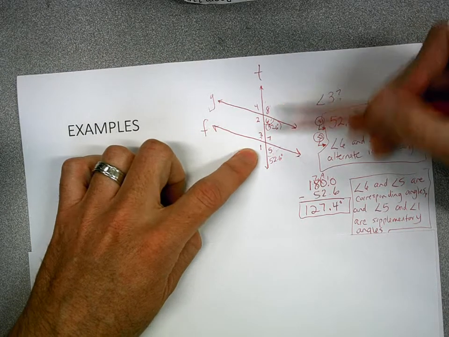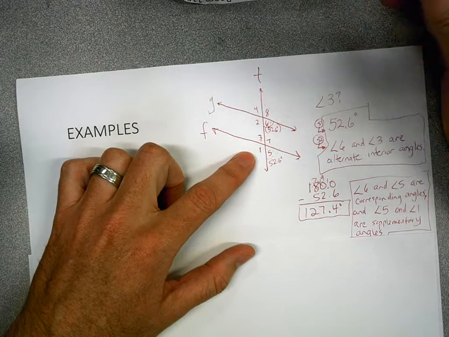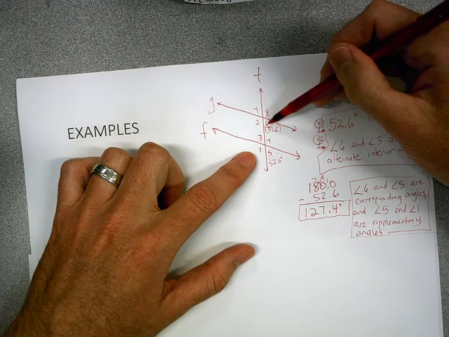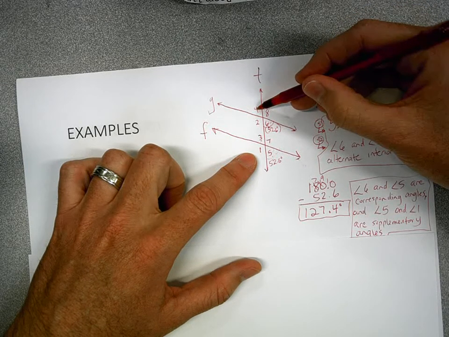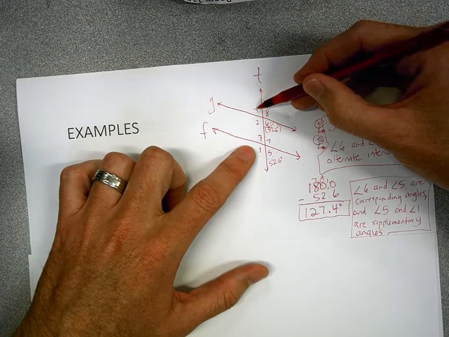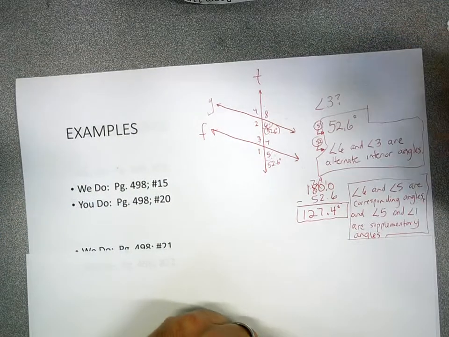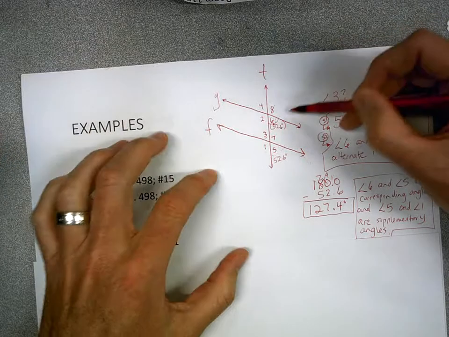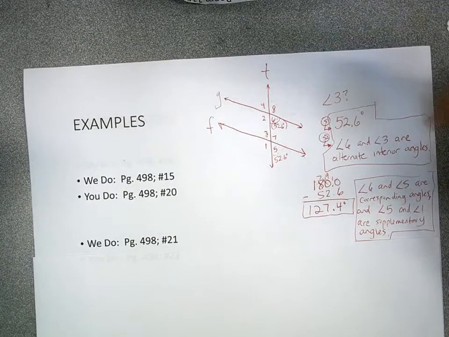Another way, a little extra: 4 and 6 are vertical, so they're equal to each other. There are a number of different ways. You could have labeled all of these and used all of our rules and vocabulary to find the different degrees. All right, so let's try the next one.